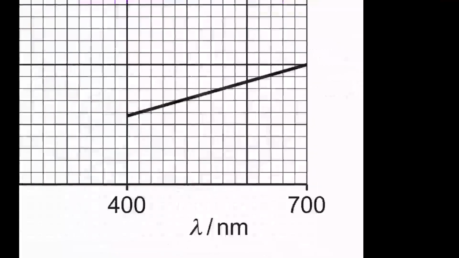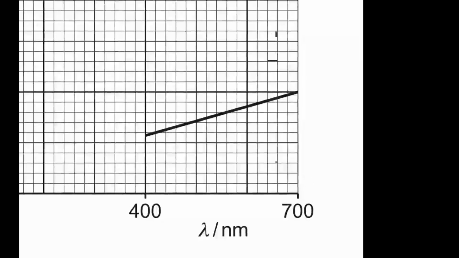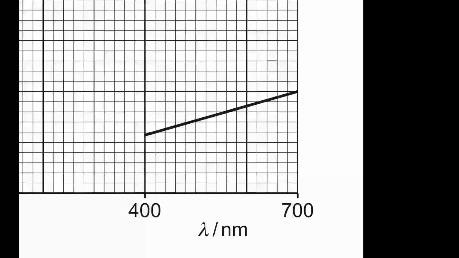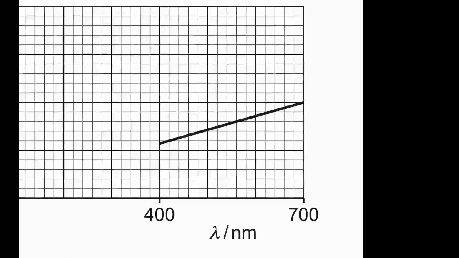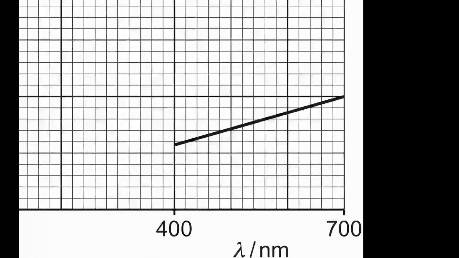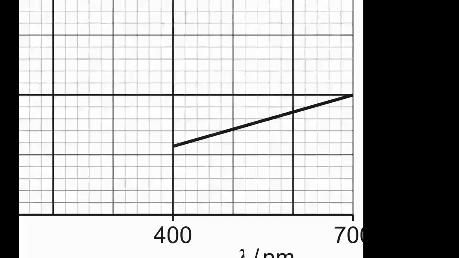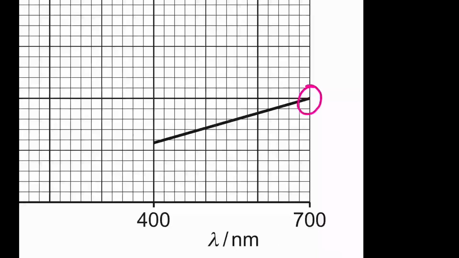So for 400 nanometers earlier, there is a certain value for sine theta. Now it will become half of that. So for 700, it is here. Half of that will be here.